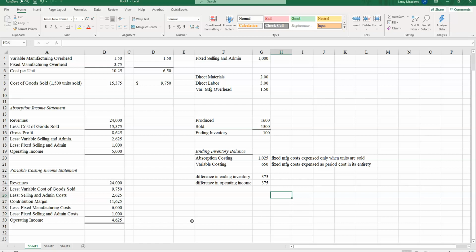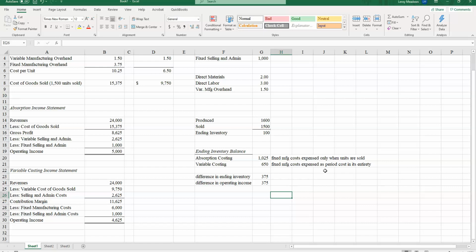So in other words, I did this second part of the illustration here to illustrate that the difference in ending inventory under the two methods is also going to be the difference in operating income. Why? Because under absorption costing, fixed manufacturing costs are expensed only when units are sold, and in variable costing, fixed manufacturing costs are expensed as a period cost in their entirety. So under variable costing, all fixed manufacturing costs are getting expensed regardless of whether units are sold or not.